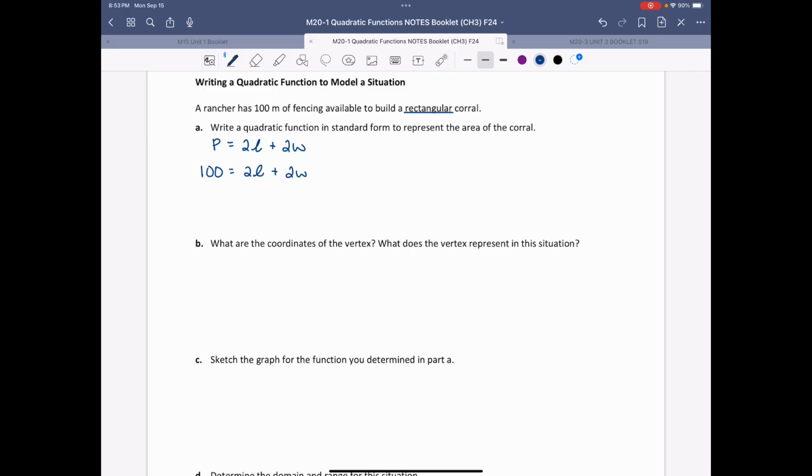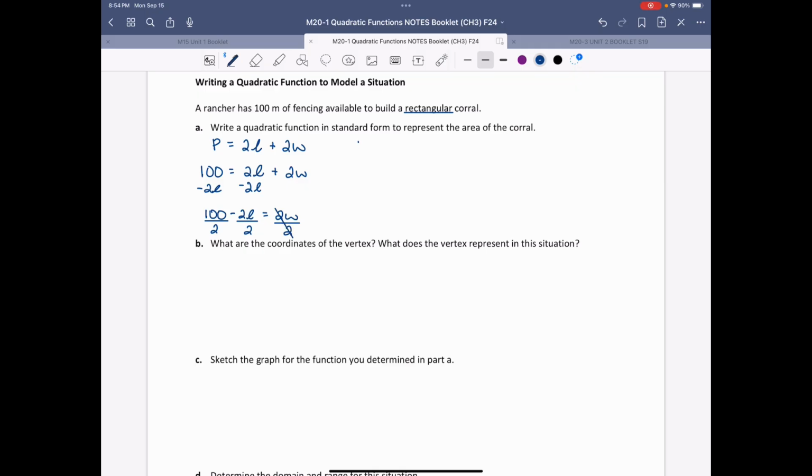I'm going to isolate one of my variables, doesn't matter which one. So I'm just going to subtract 2L on both sides. That gives me 100 minus 2L equals 2W. Then I'm going to divide by 2 on all the terms to get the W by itself.